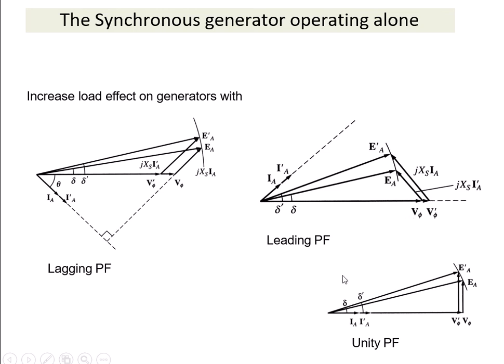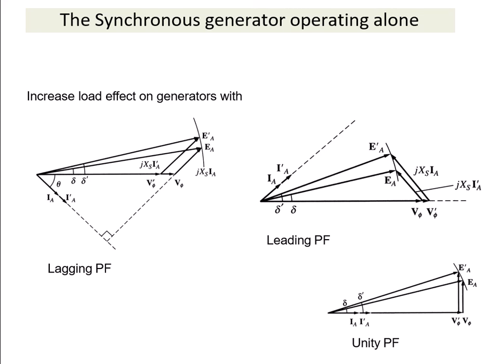And if we have a leading power factor, what is the difference? The main difference is that if IA is increased here, our Vφ will increase, not decrease. Here the capacitance effect decreases the inductive effect, and due to this the terminal voltage will increase if current is increased.